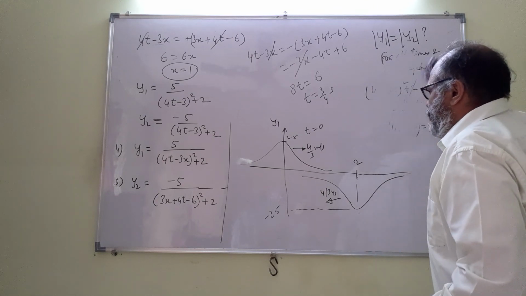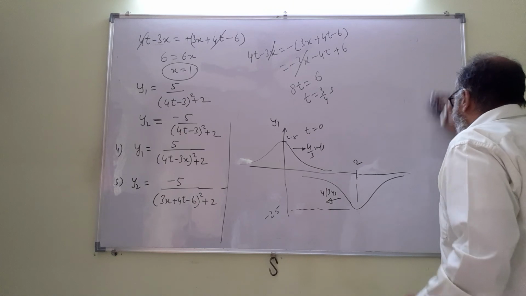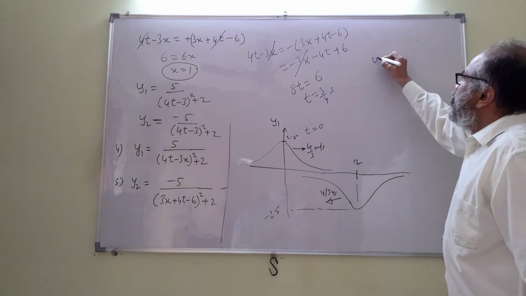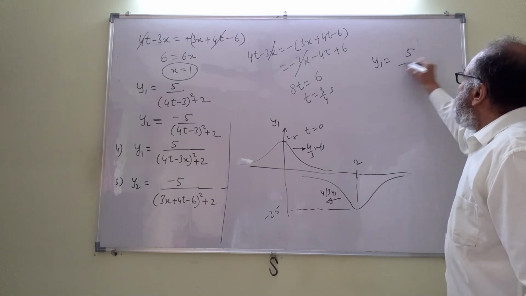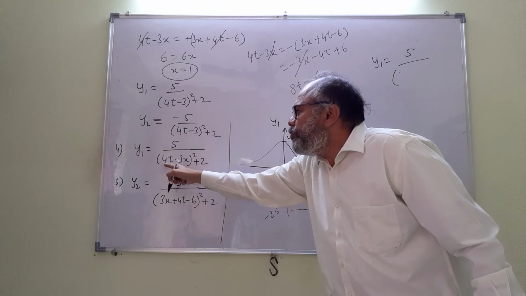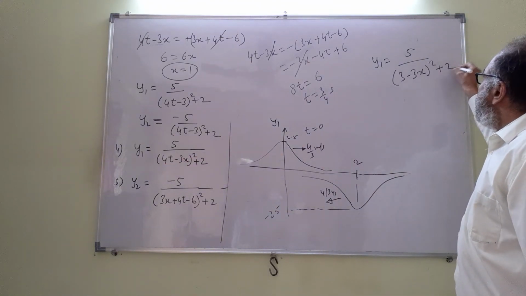You can check that. Put t equals 3 by 4 in y1: 5 over (3 minus 3x) the whole square plus 2.